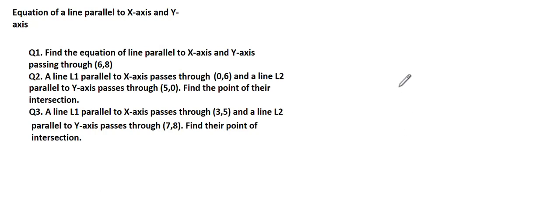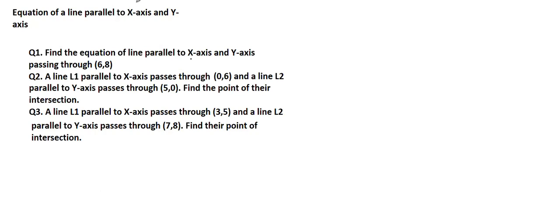So as I told you in the previous video, if a line is parallel to x-axis, the equation is usually like y is equal to something, right? You have seen there. The equation turns out to be y is equal to c1, y is equal to c2, or some constant.